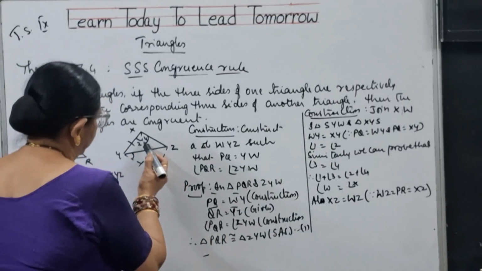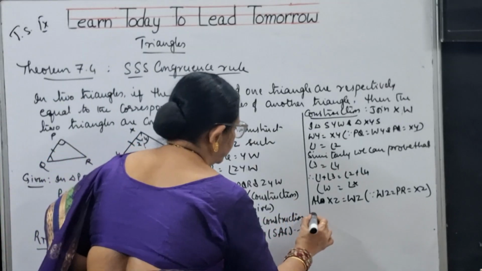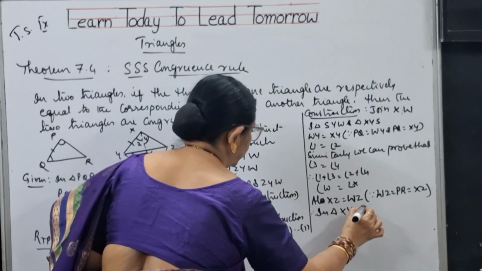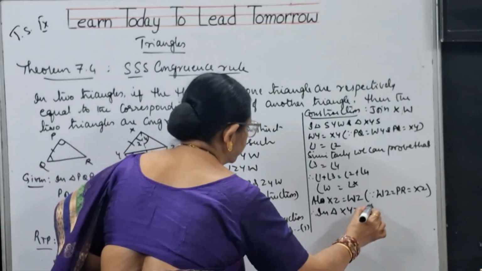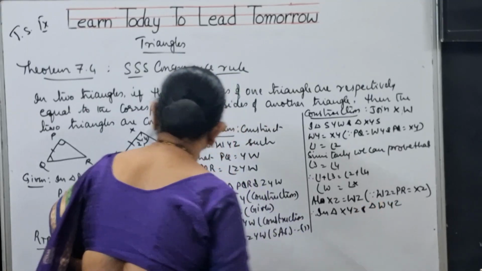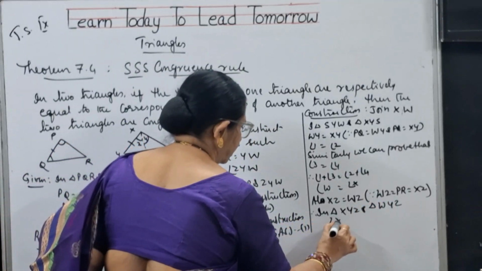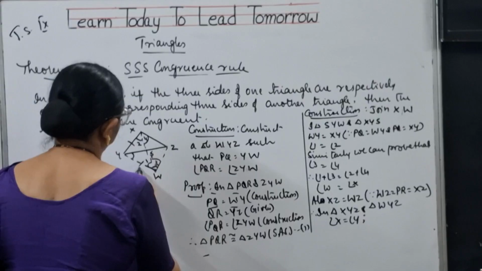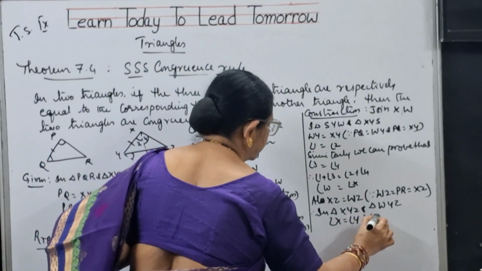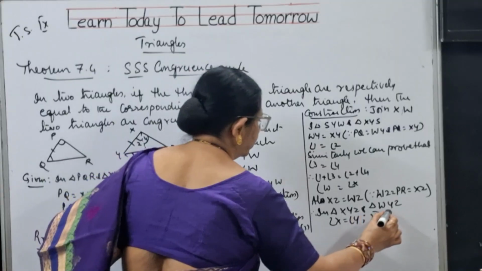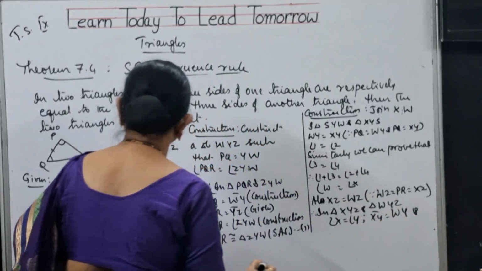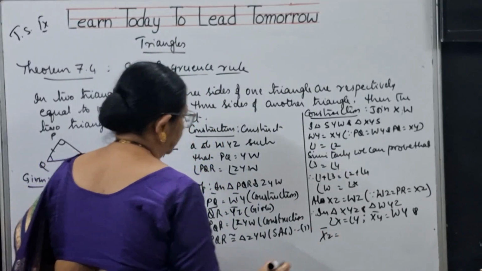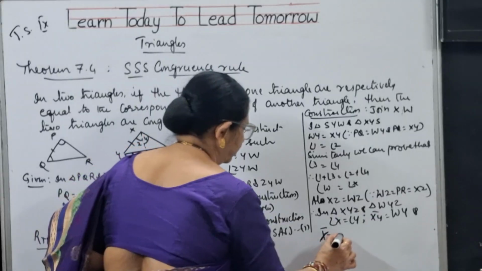Therefore, see in these two triangles, in triangle XYZ and triangle WYZ, angle X is equal to angle W, and these two sides XY is equal to WY and XZ is equal to WZ.